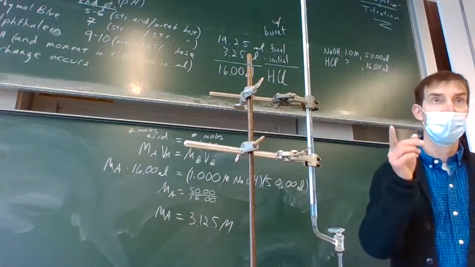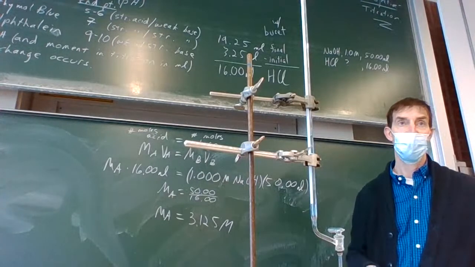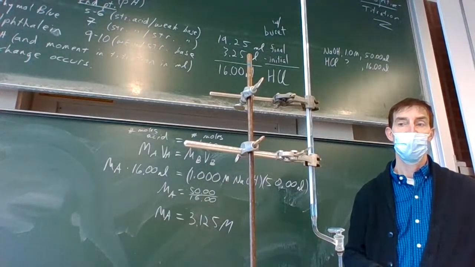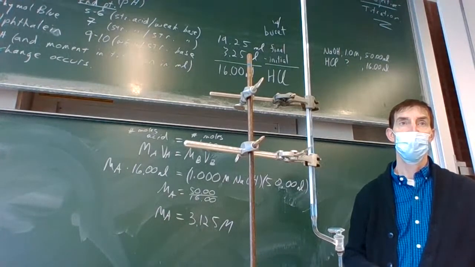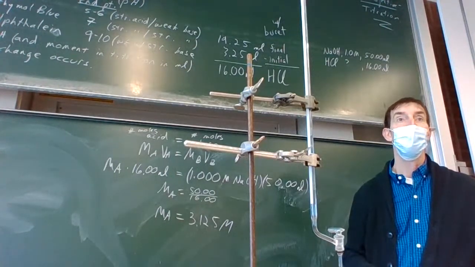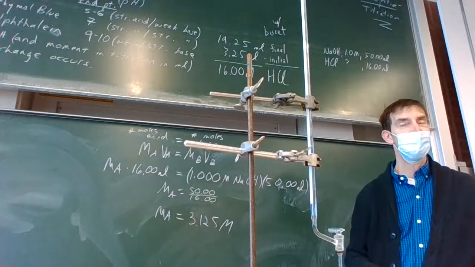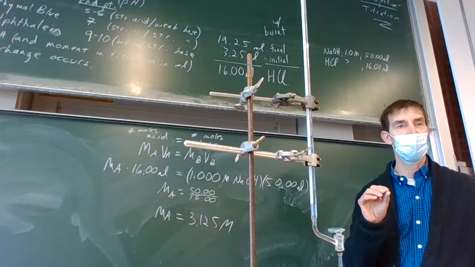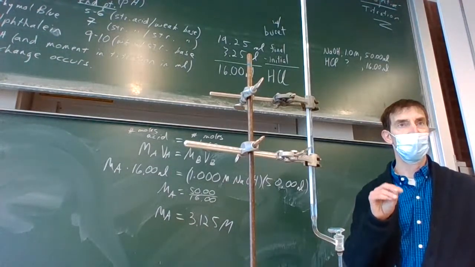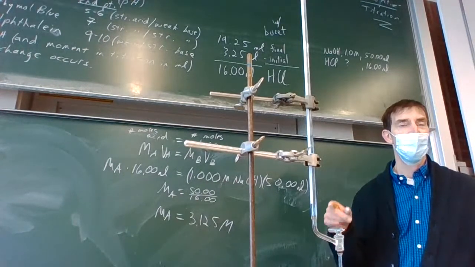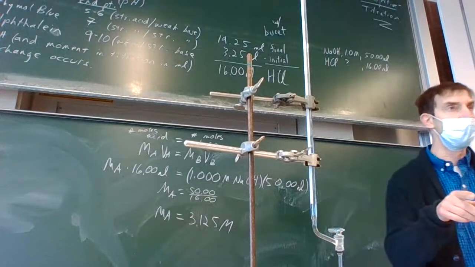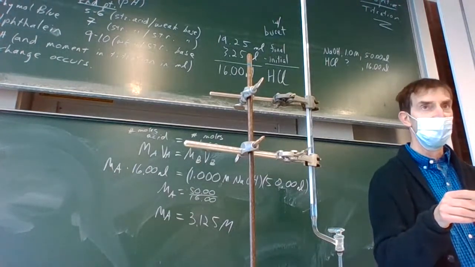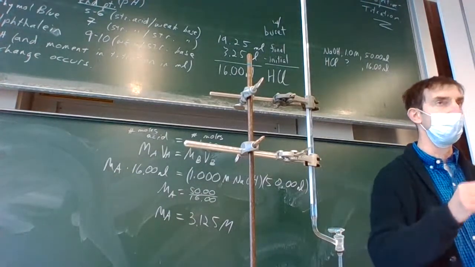Is that something we established earlier, that if the moles of the acid equal the moles of the base, then the solution is neutral? That's right. Or rather, the solution has hit what's called the equivalence point. We're going to talk about that today and why we can't say it's necessarily neutral. Up until this class, you probably learned that acid plus base makes neutral.